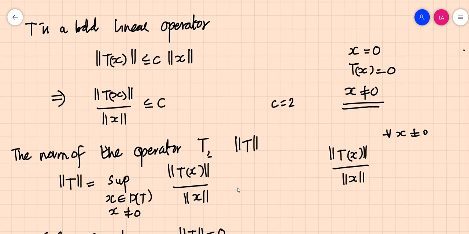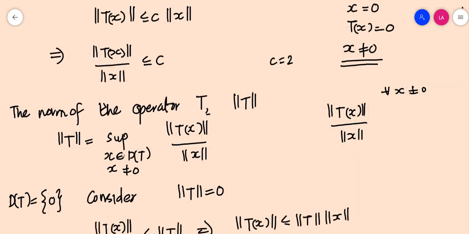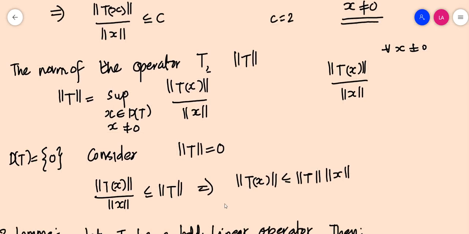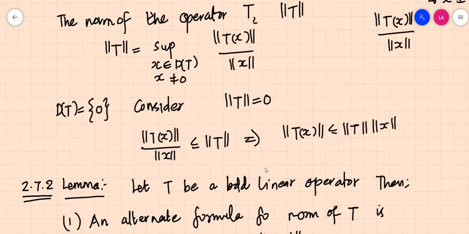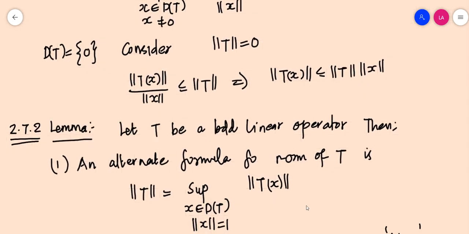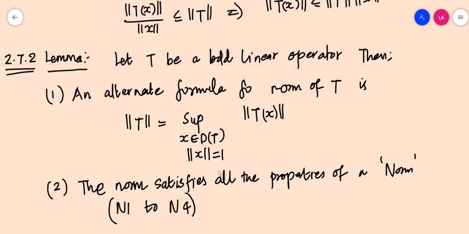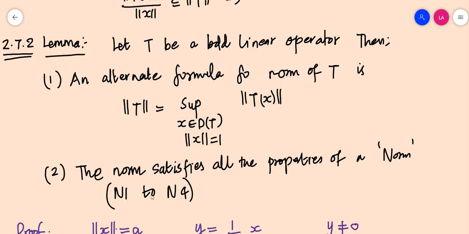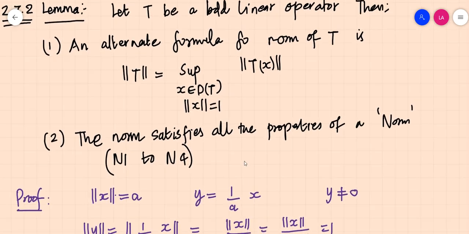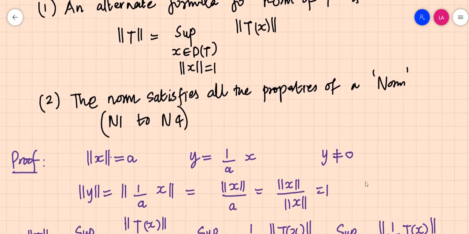So we want the least such element. That least element is called the norm of that operator, and the norm of that operator has two distinct properties. One is that it has an alternate definition, which is the supremum over x in D(T), norm x equal to 1, of norm of T x. This is the definition we are going to use in most of the theorems. The second is that it satisfies all the properties of the norm.